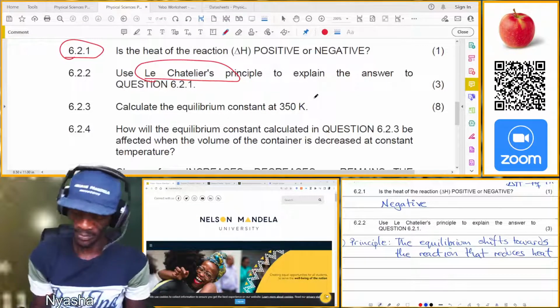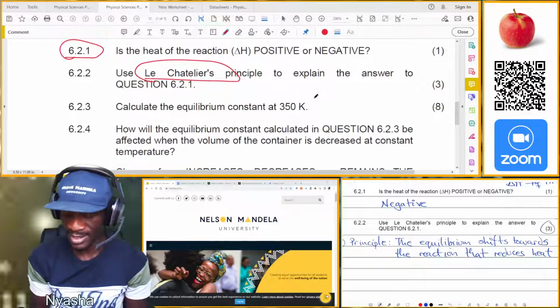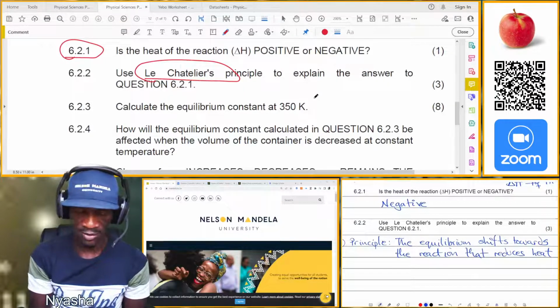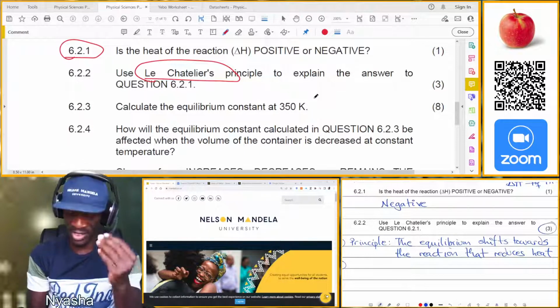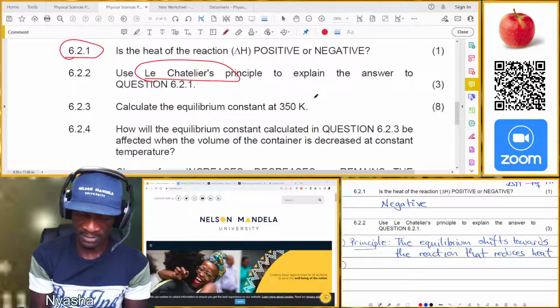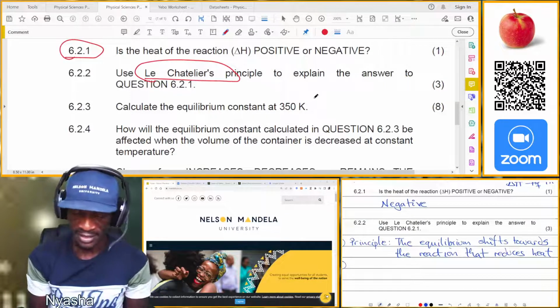Okay, good. So that is what the principle states. That's point number one. We can see there are three marks here. So obviously we need to find the logical steps according to the principle that guide us towards the negative delta H.